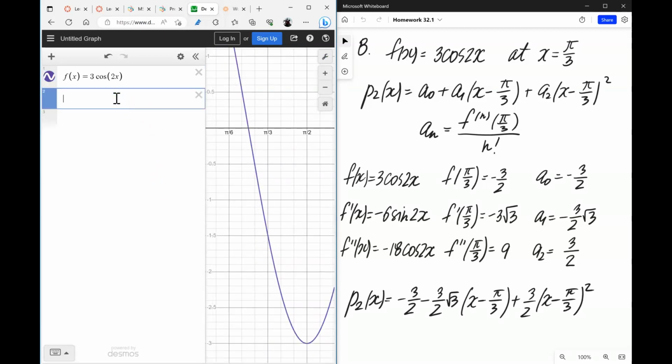And now we're going to sketch this polynomial. It's negative 3 halves, negative 3 square root of 3 over 2 x minus pi over 3 plus 3 halves x minus pi over 3 squared. Doesn't look good.